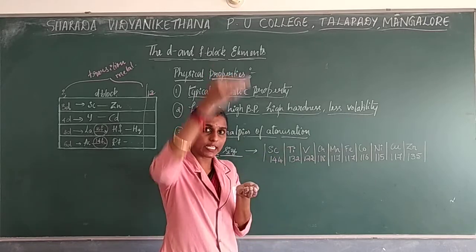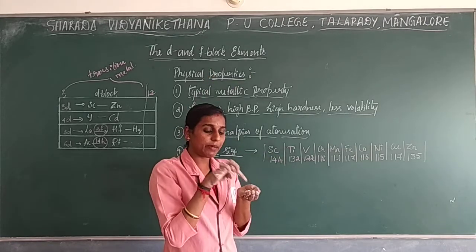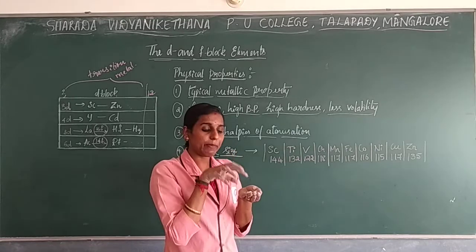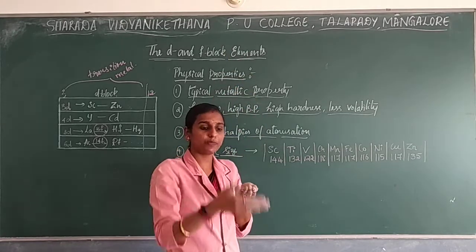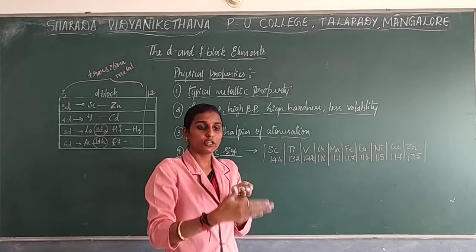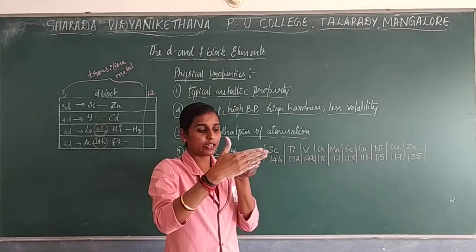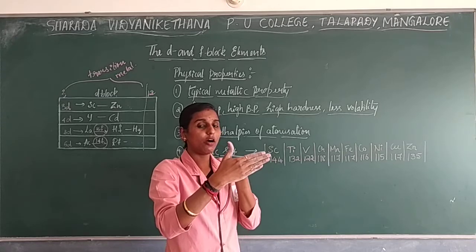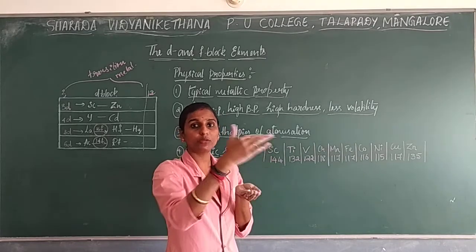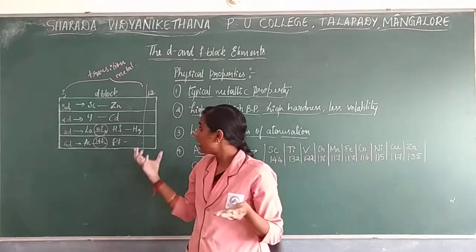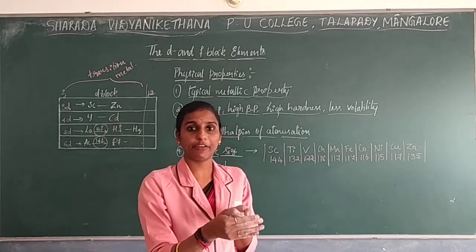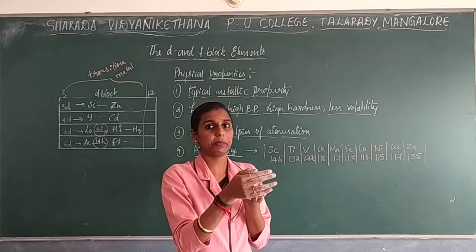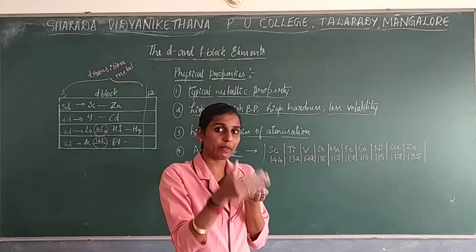When it forms a screen, the holding capacity of the nucleus on the outer electron becomes less, so the force of the nucleus on the outermost electron will be less. But in d block elements, imperfect shielding effect is shown, in the sense a lesser shielding effect will be seen.